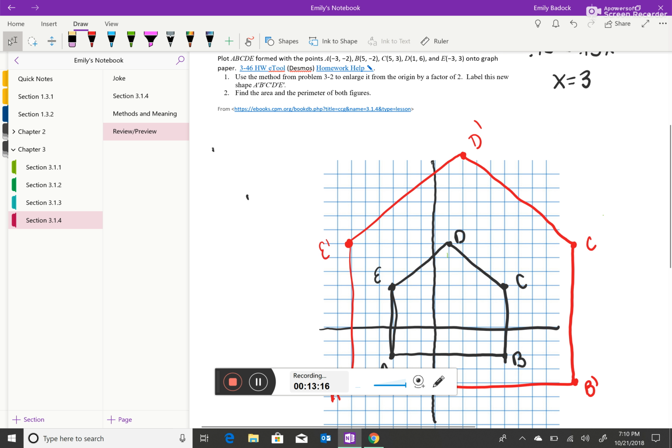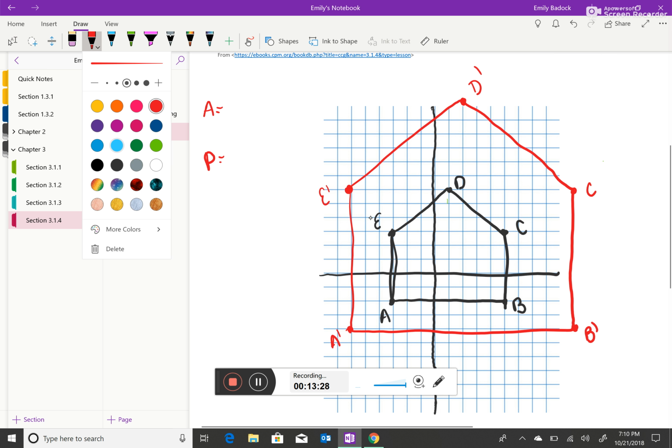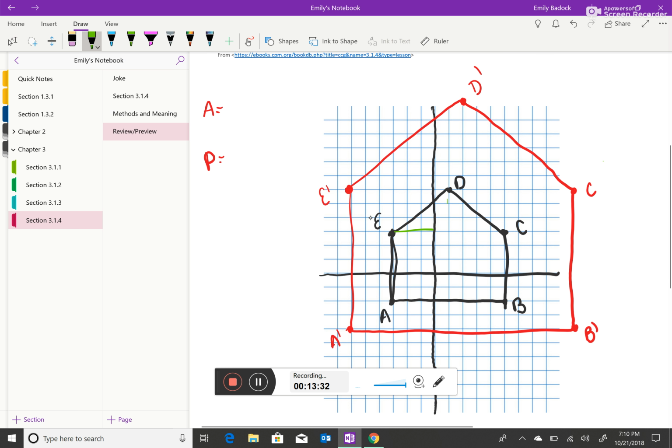Find the area and perimeter of both figures. So the first thing I did for this figure to find the area and the perimeter is I broke this up. So one was a rectangle right here, and then I had the triangle up top.